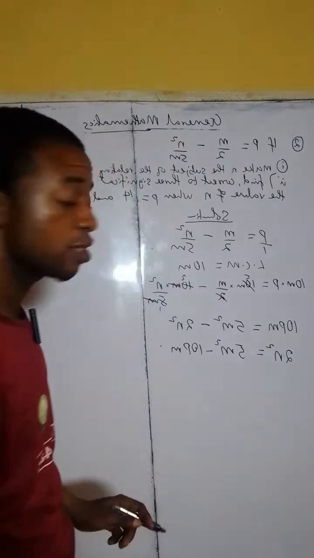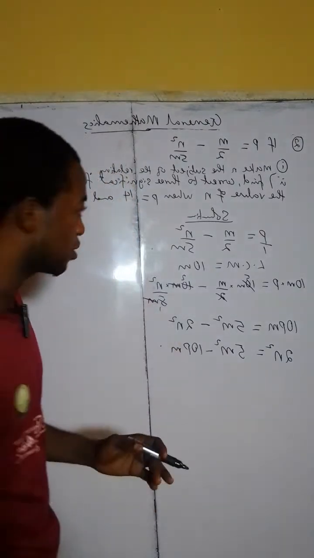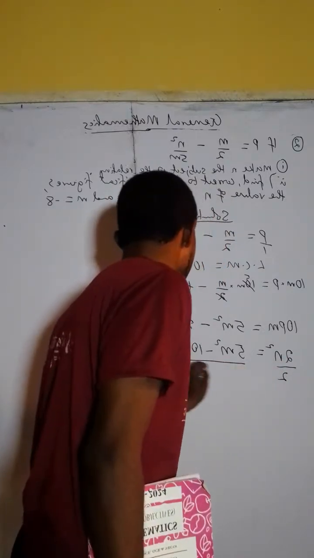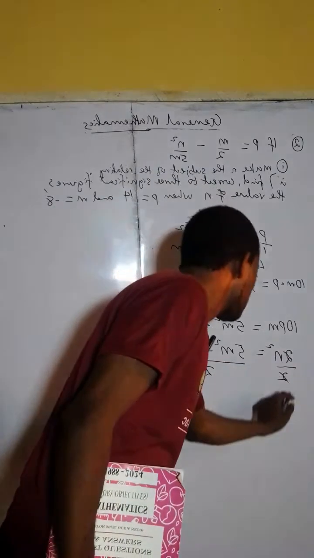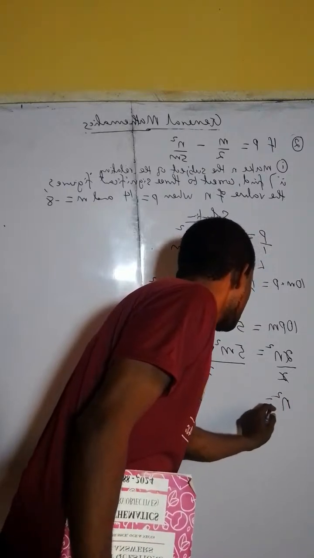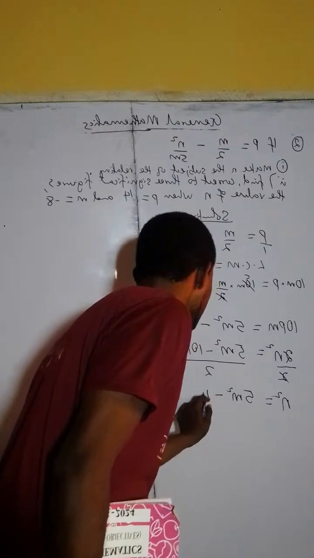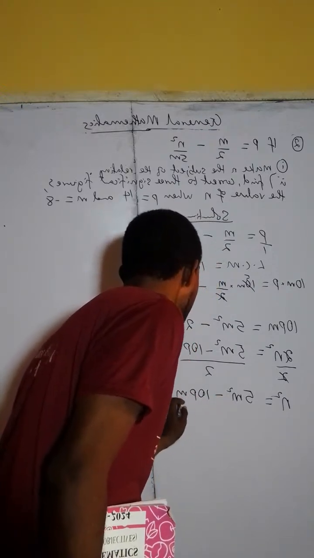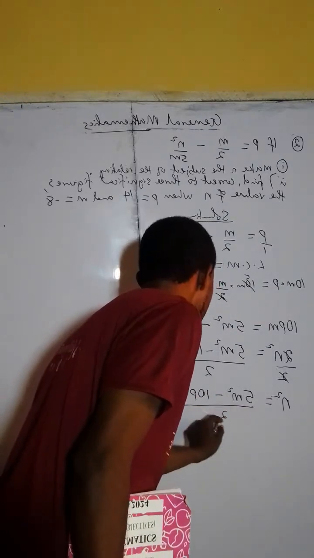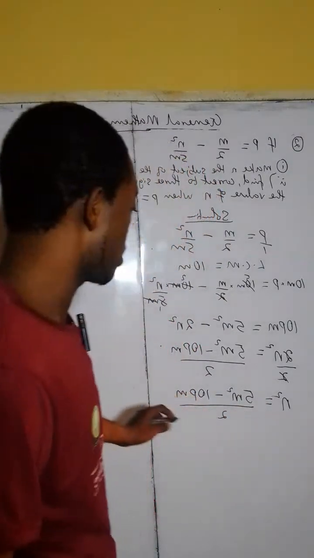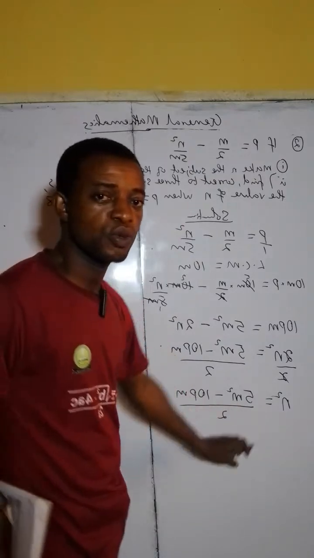Then our interest is just to make n stand alone. So we can divide both sides by 2 here. And here 2 cancel each other. So we have n squared will now be equals to 5m squared minus 10pm, then all over 2. And also here, to cancel this square, we take the square root on both sides.